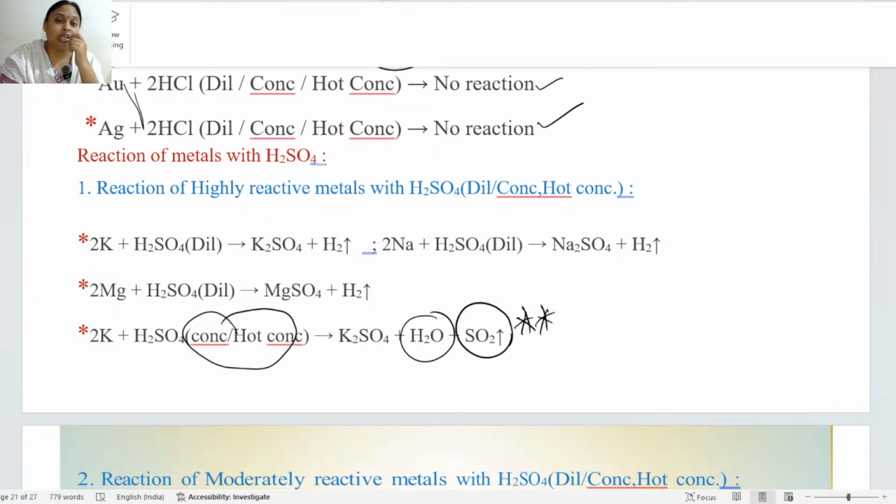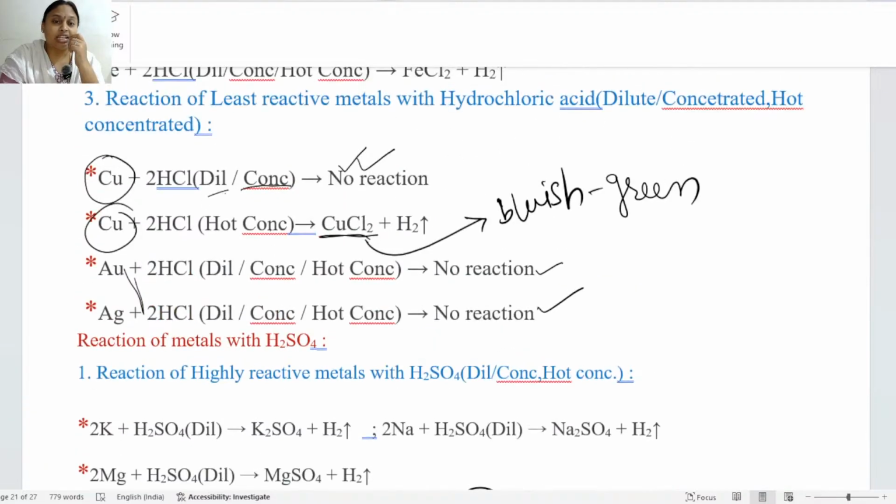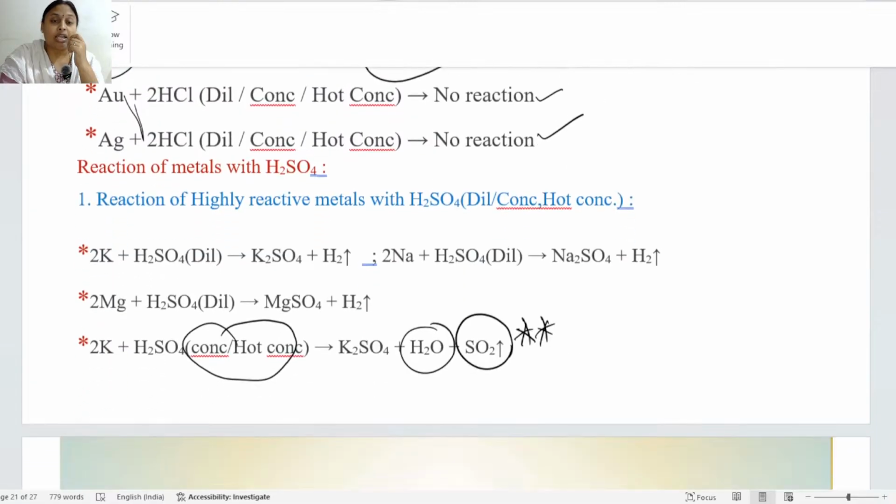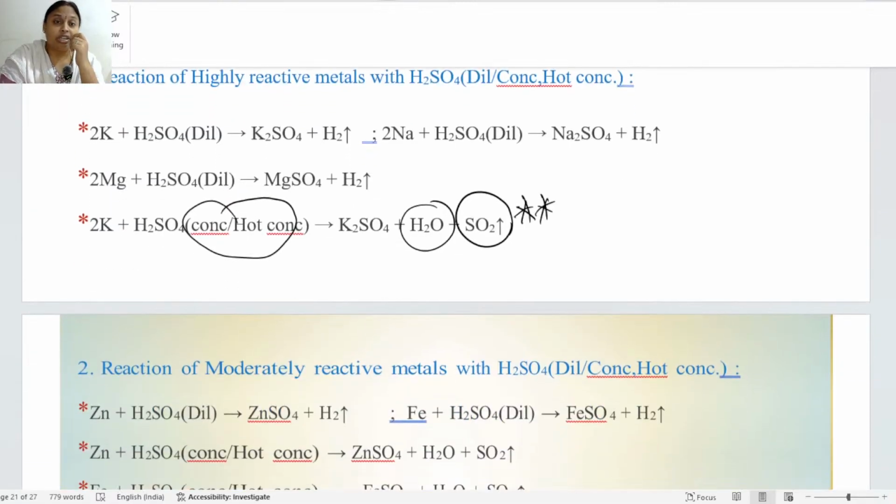Normally, when acid reacts with a metal, we get hydrogen gas. But instead of that, in the concentrated and hot concentrated conditions, instead of hydrogen gas we see a water molecule as well as sulfur dioxide. What is the reason here?